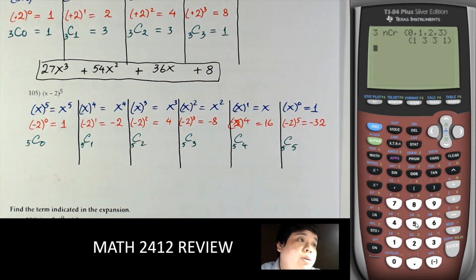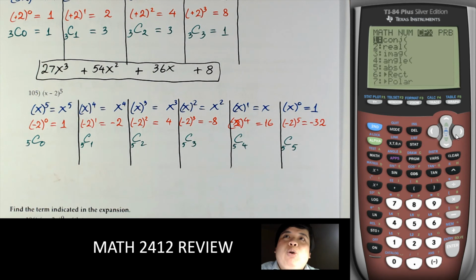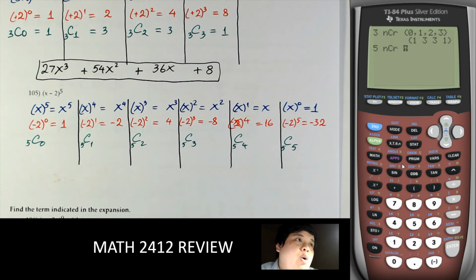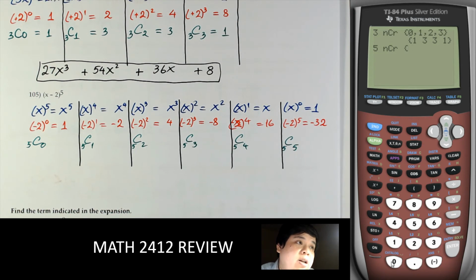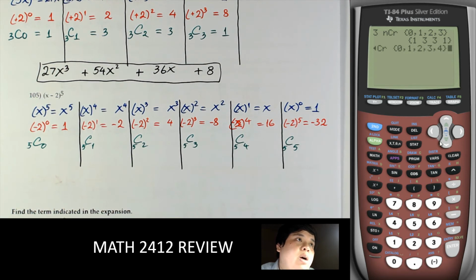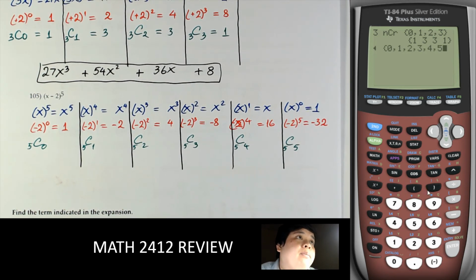So we hit 5, then math, go to probability, option number 3, and then open the curly bracket, 0, 1, 2, 3, 4, 5, close. There.